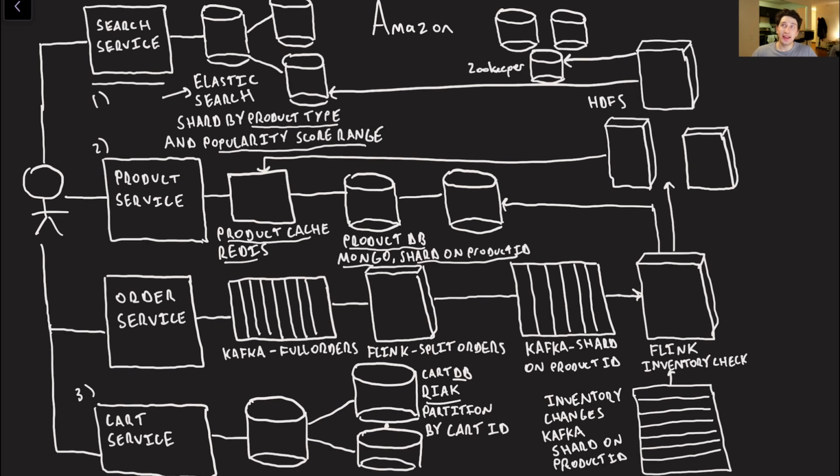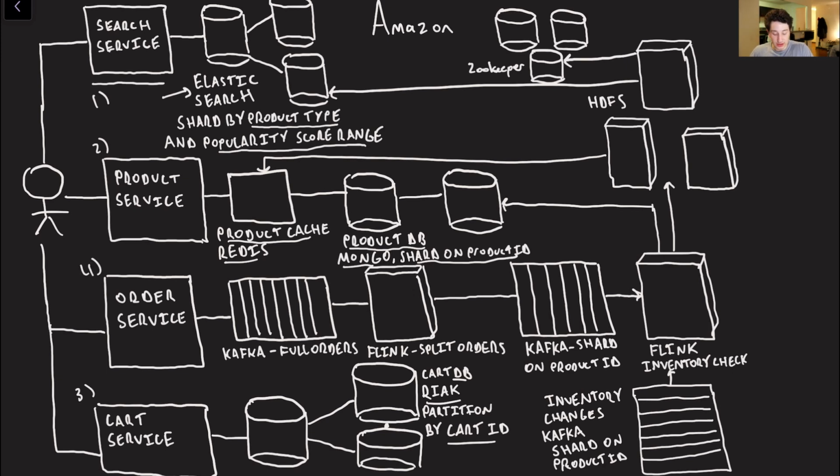So we're going to do that in Riak. Riak is not a database that I talk about super often on this channel, but think of it like Cassandra, but it supports CRDTs. So Riak would work very nicely here. Cool, so we're going to just partition by cart ID there so that all of the writes for a given cart are on the same node.